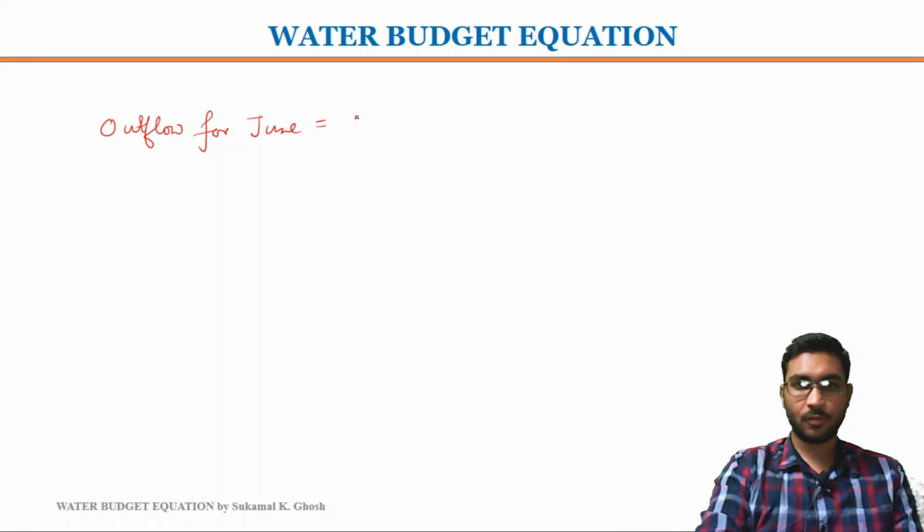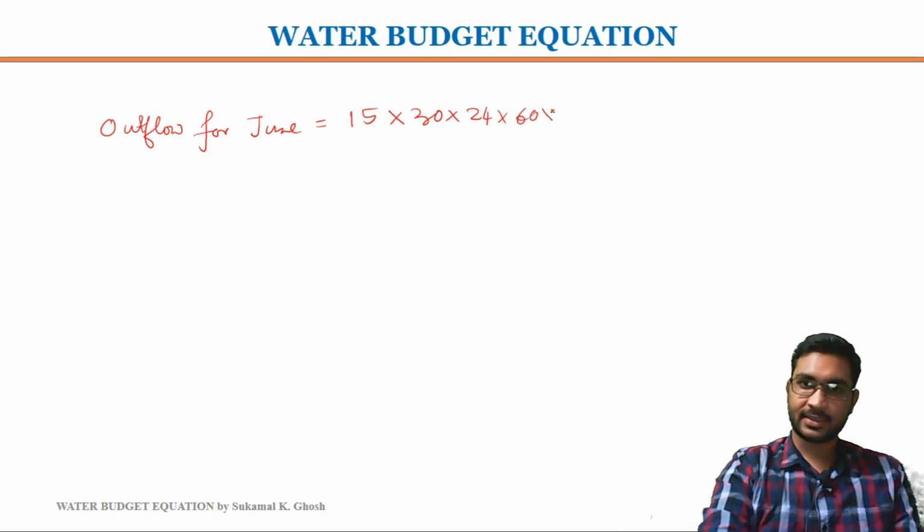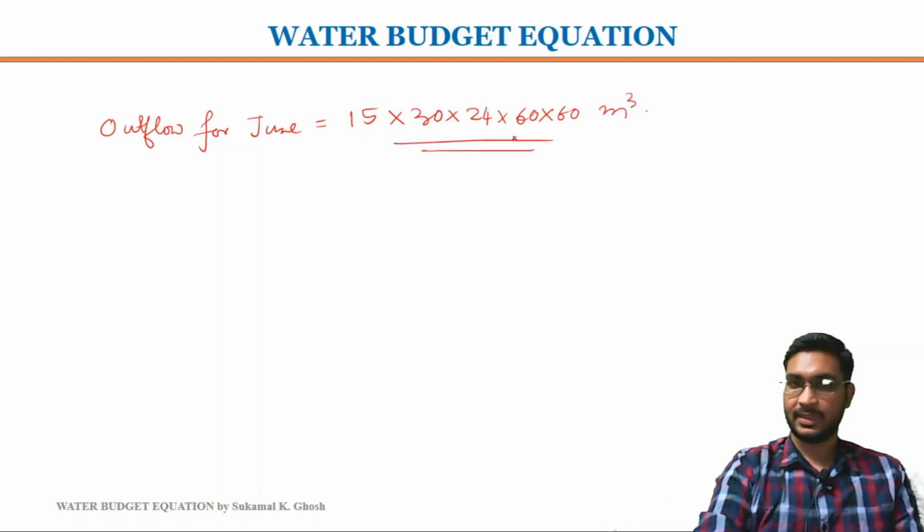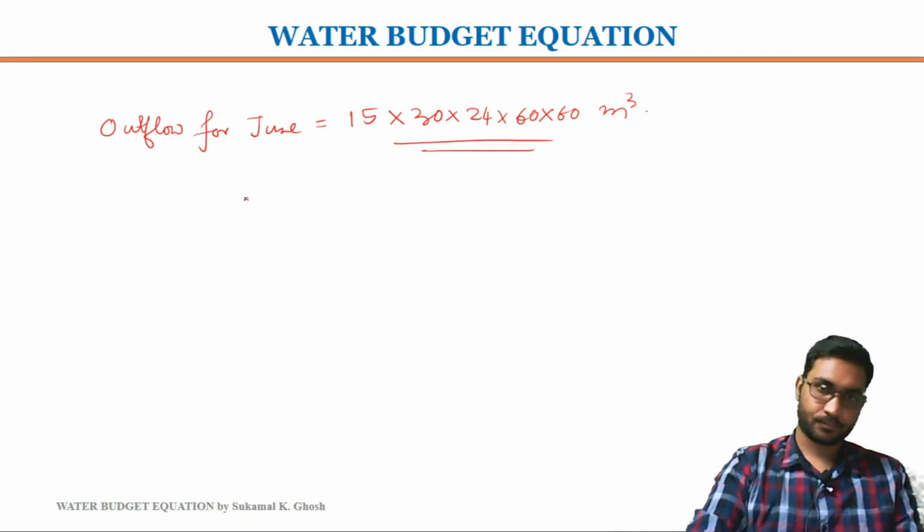See, the outflow will be 15 into 30 days, and we need to convert these 30 days into seconds: 24 into 60 into 60. So it will be in meter cube. So this is the volume of outflow. Now if we want to calculate the outflow in terms of depth, then we need to divide it by area.